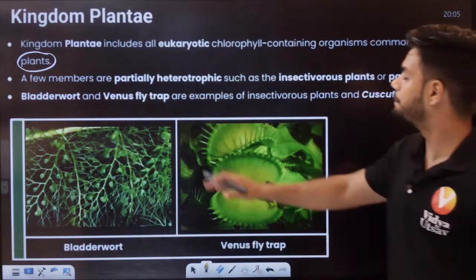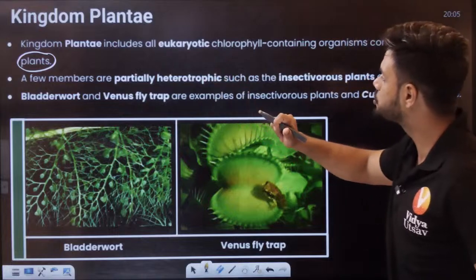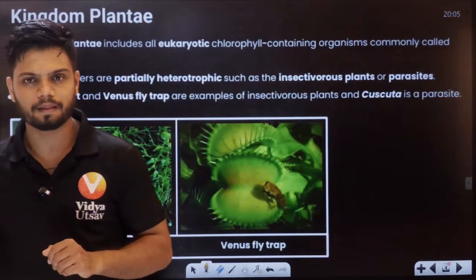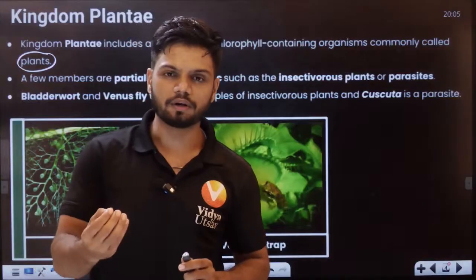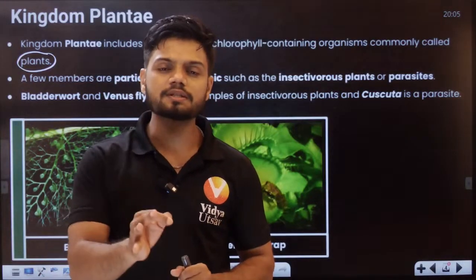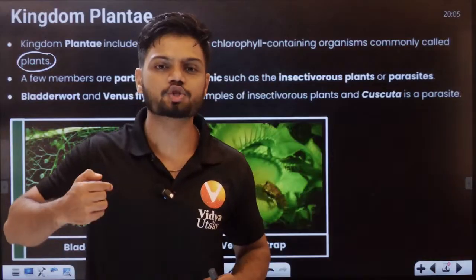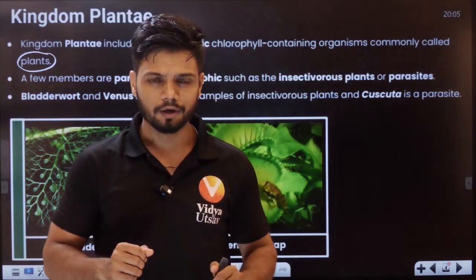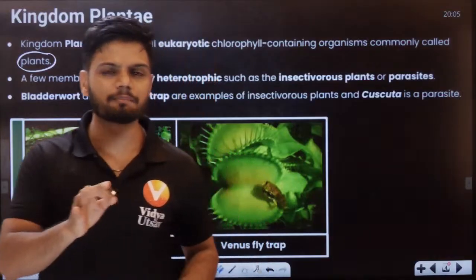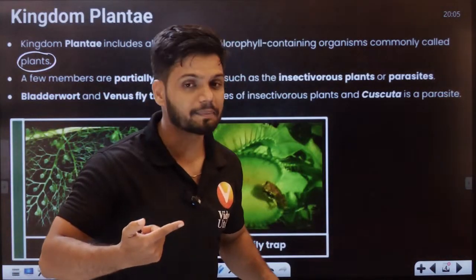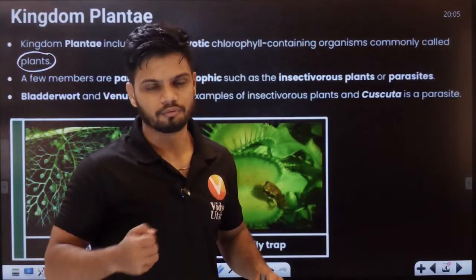Now, a few members are partially heterotrophic in nature, obviously. Students, I want all of you to understand, chlorophyll helps in photosynthesis. Photosynthesis main function is to provide sugar, to provide nutrition to the plant. But there are certain plants which actually become heterotrophic in nature. It means they cannot prepare their own food.